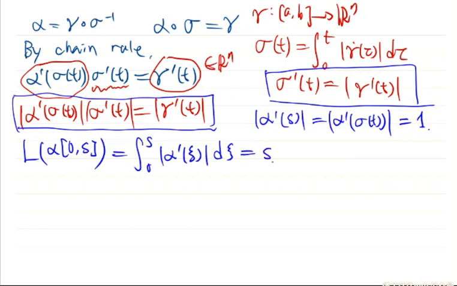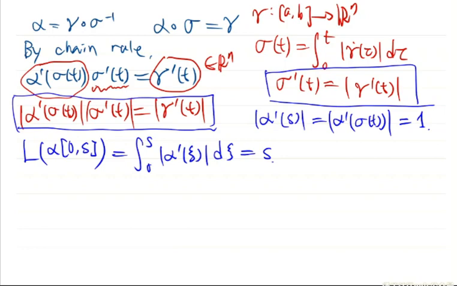So that is, using the new parameter s, s is precisely the length of the curve from the starting point to the point alpha of s. So this is why we call alpha the parametrization of the same curve gamma parametrized by arclength.